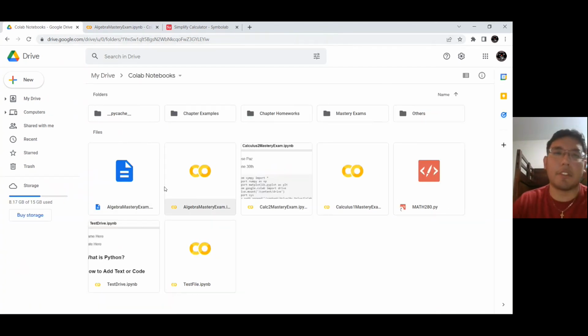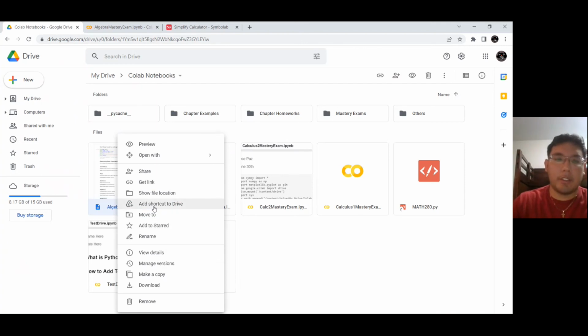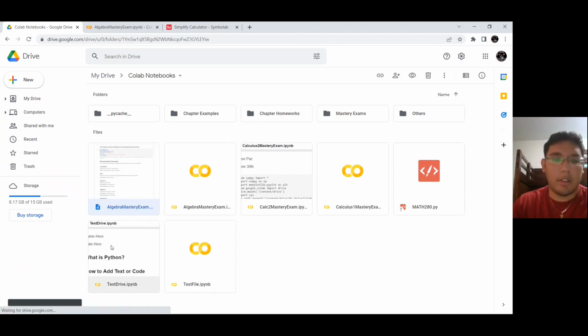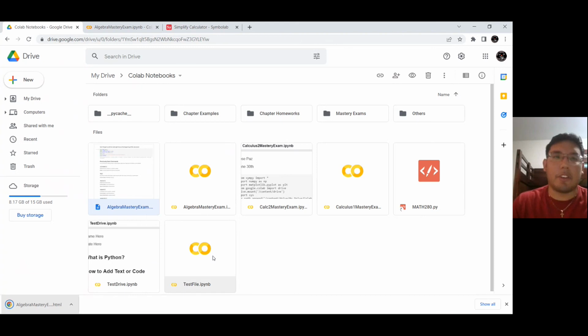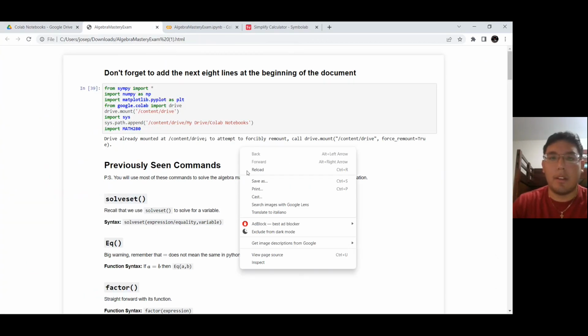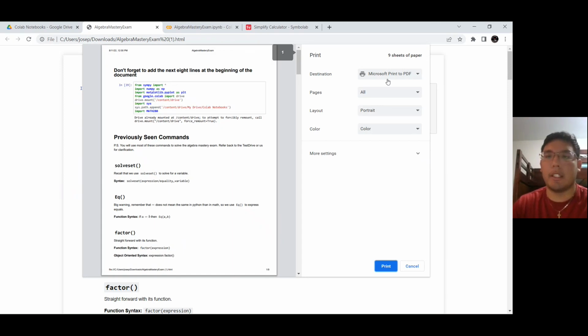There it is. After reloading a couple of times, we should be able to see the master exam in there. Right click on it and download it. After it's downloaded, we can print it. So right click, print, and just print as a PDF file.